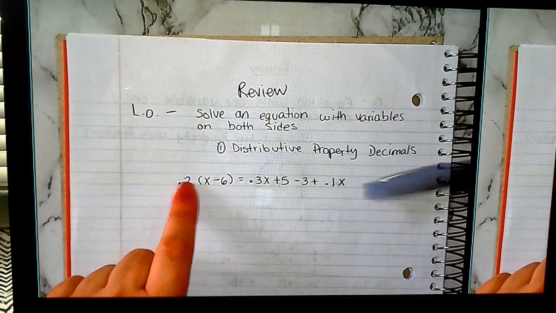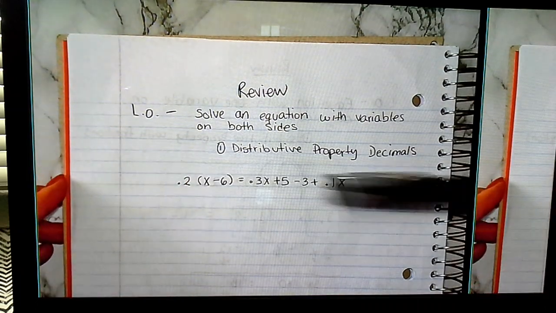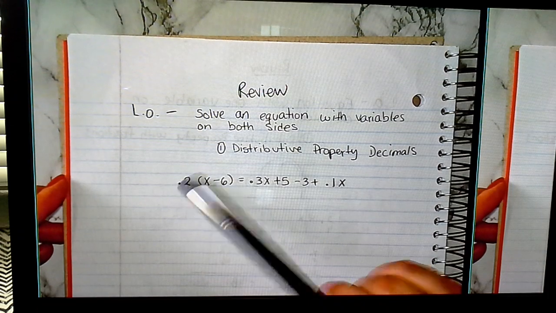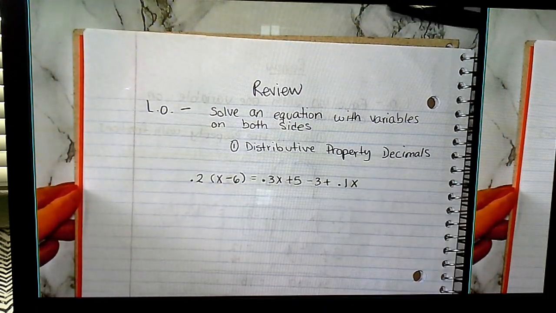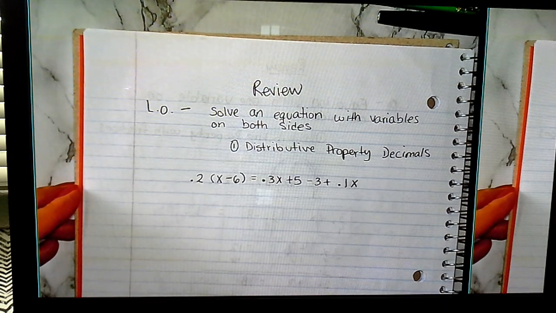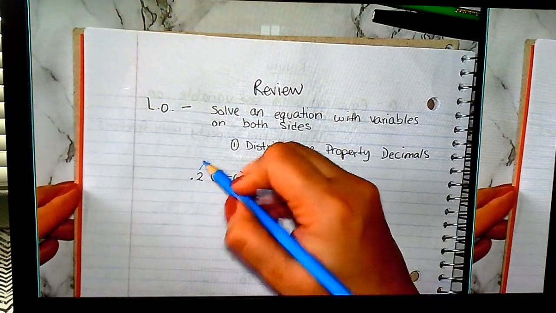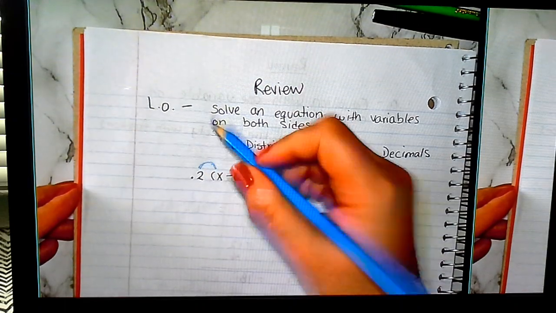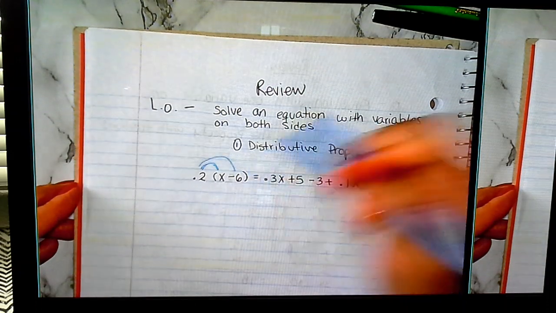Anytime we have parentheses like this, we want to make sure that we are distributing that number or that factor inside the parentheses. So I'm going to go ahead and use my blue color pencil to show you. So here I'm going with 0.2 times x and then 0.2 times negative 6.